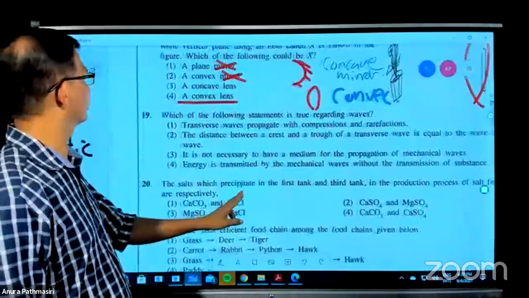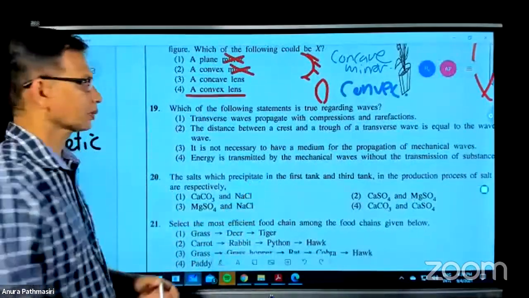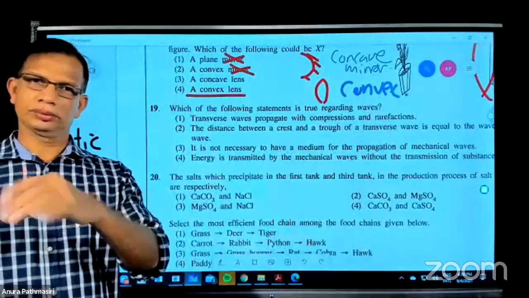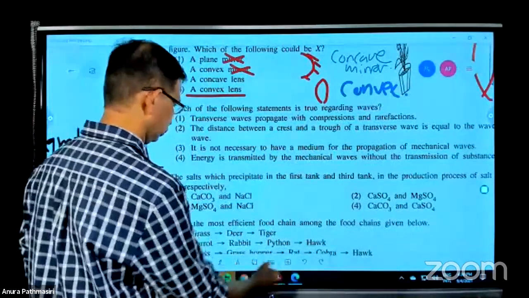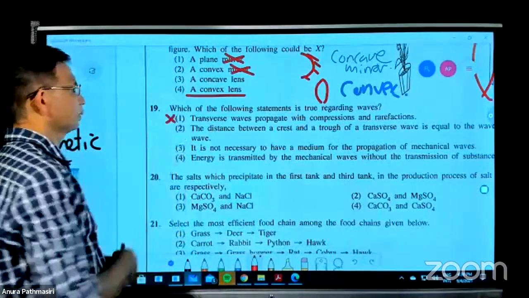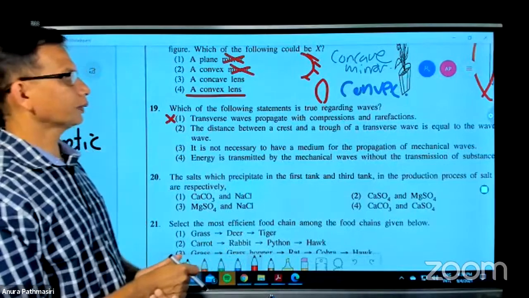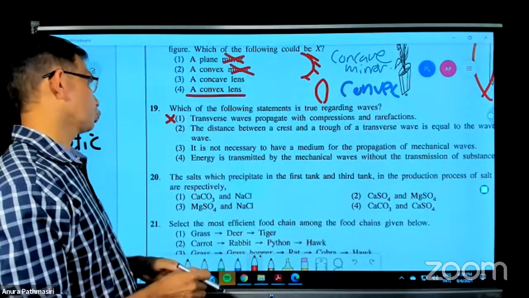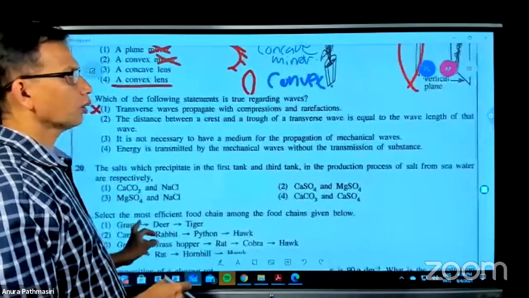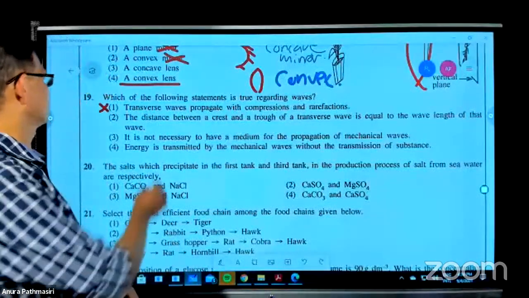Which of the following statements is correct regarding waves? Transverse waves propagate with compressions and rarefactions? Wrong. The distance between a crest and a trough of a transverse wave is equal to the wavelength of that wave. Wrong.